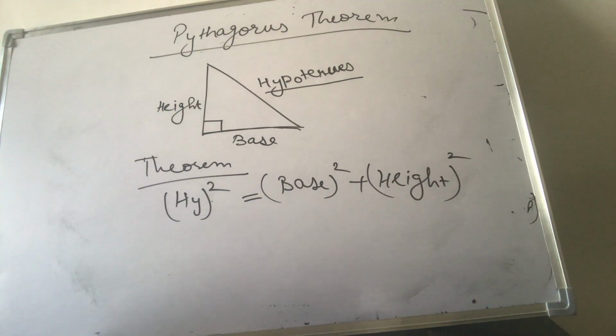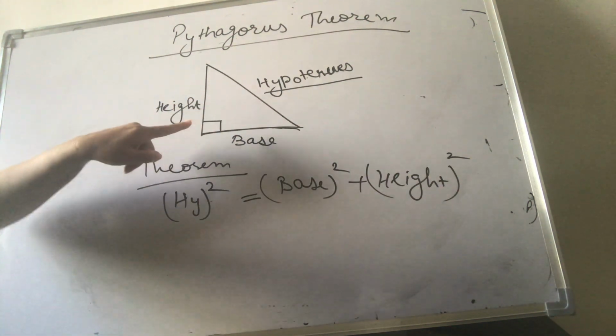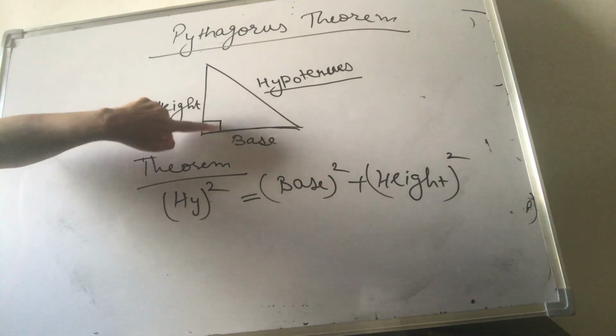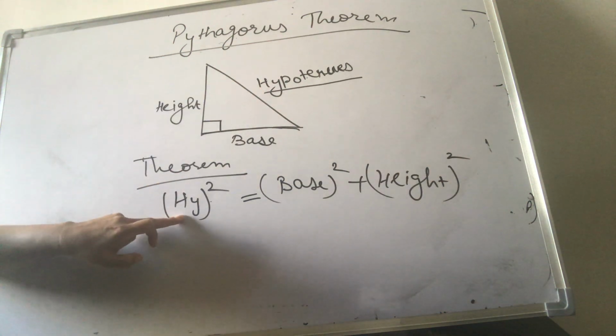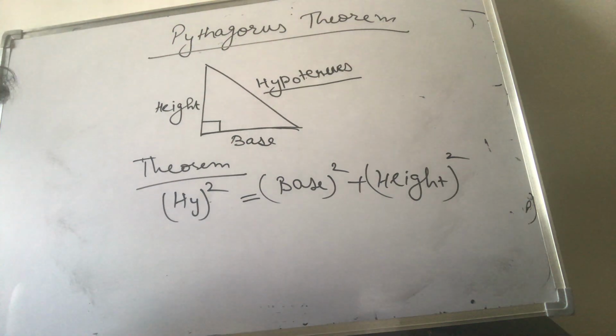The longest side of the right angle triangle is always called hypotenuse. This is the longest side, and you can say the side opposite to the right angle. This is called hypotenuse. Hypotenuse square is equal to base square plus height square. This is Pythagoras theorem.